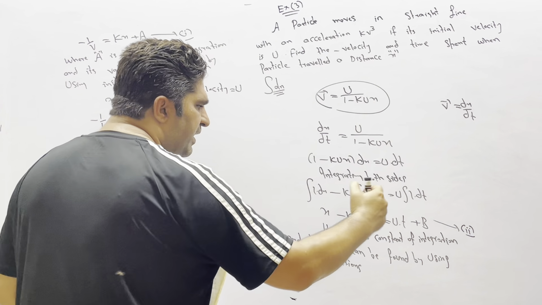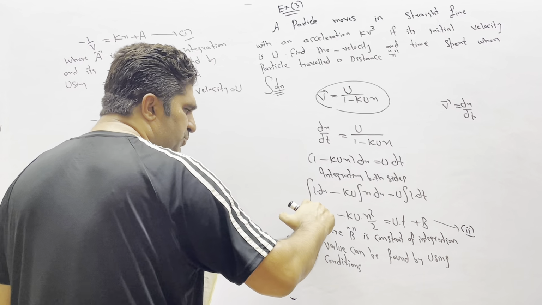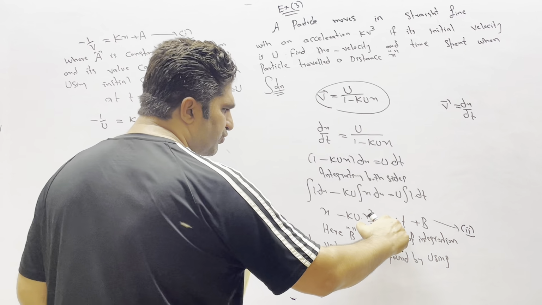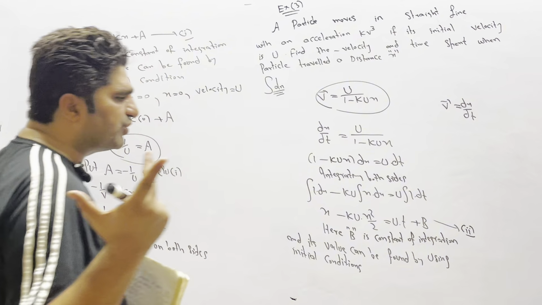Initial conditions are: at t equal to 0, x is 0. So I'll put x equal to 0 and t equal to 0, and I hope I'll be getting B equal to 0.